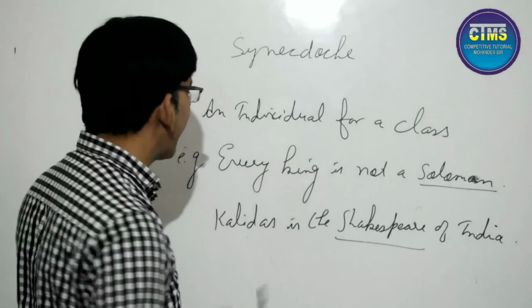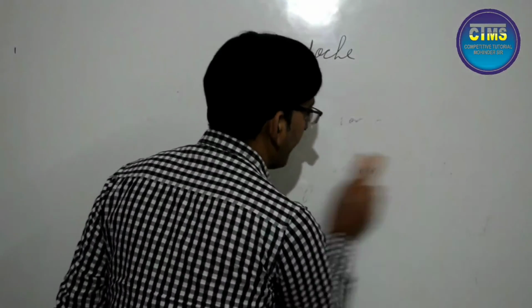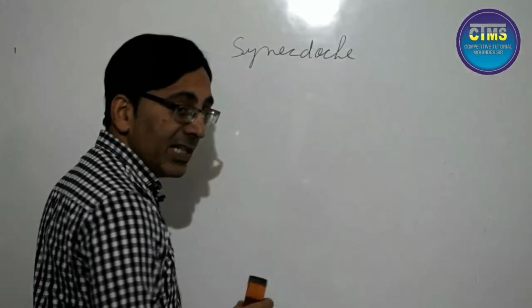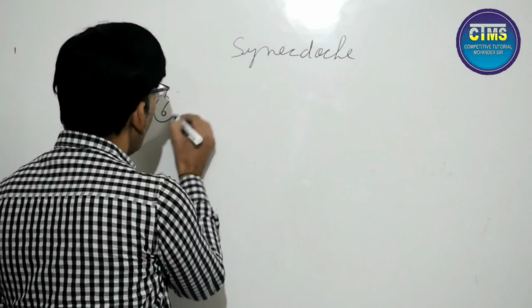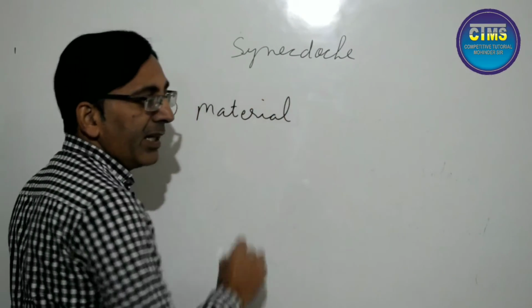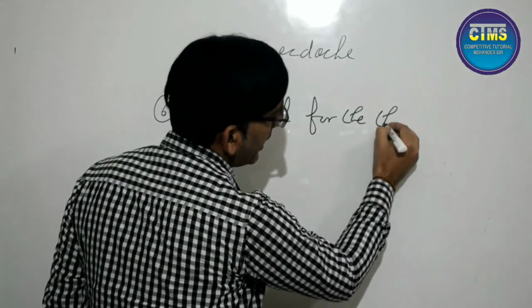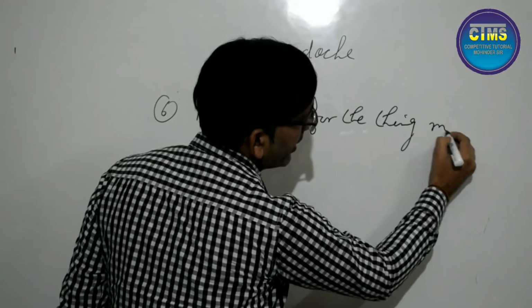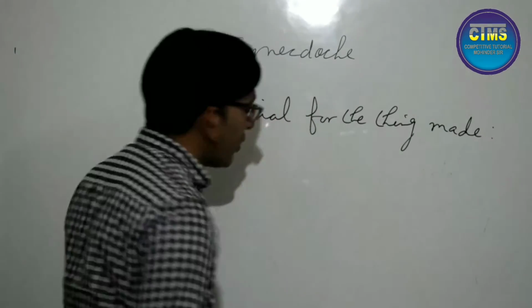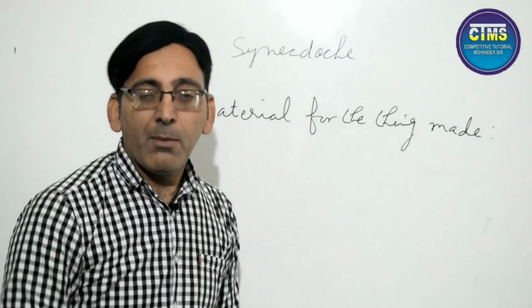Come to the sixth variety and the last variety of Synecdoche. And what is that sixth variety? In sixth variety, actually, material for the thing made. This is the sixth variety. So in the sixth variety, we use material noun.